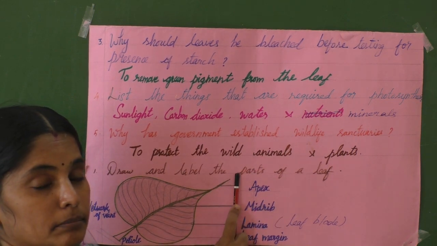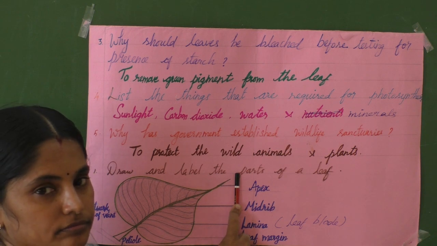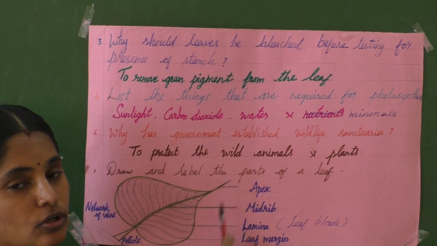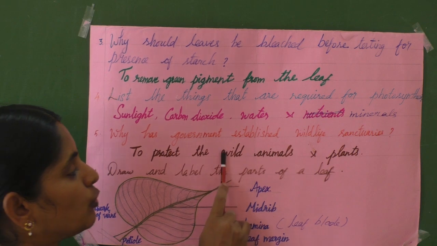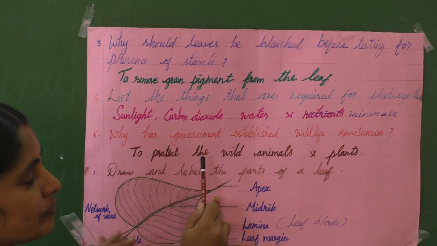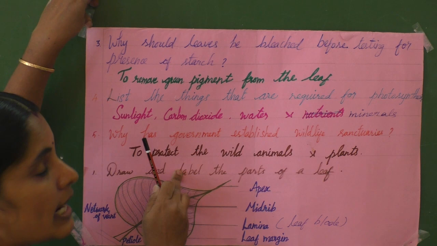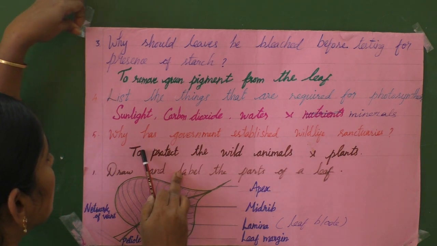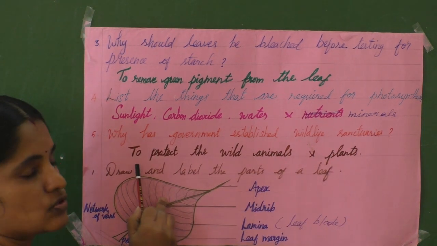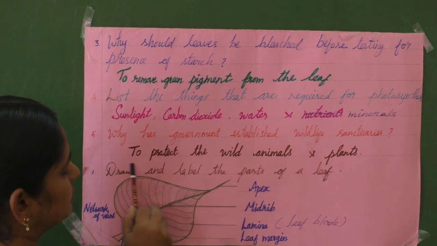The animals and plants which are in dense forest. They can't be domesticated, we cannot raise them. Such plants and animals we call wild animals and plants. In order to protect wild animals and plants, government establishes the wildlife sanctuaries. The answer: to protect the wild animals and plants.